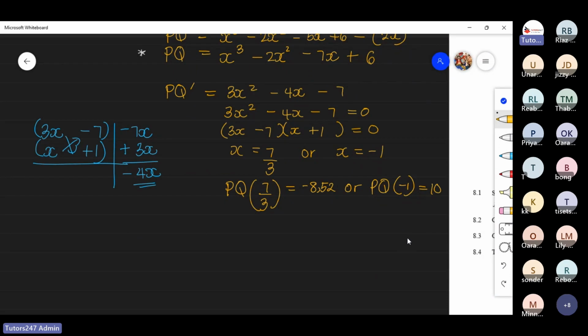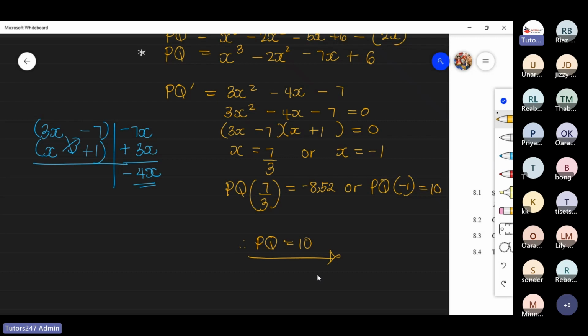So we ask ourselves, which is the bigger y value? Is it negative 8.52 or is it positive 10? We know that a positive will always be bigger than a negative, so we are going to use the positive 10 value. So our answer to this particular question is therefore PQ equals 10.